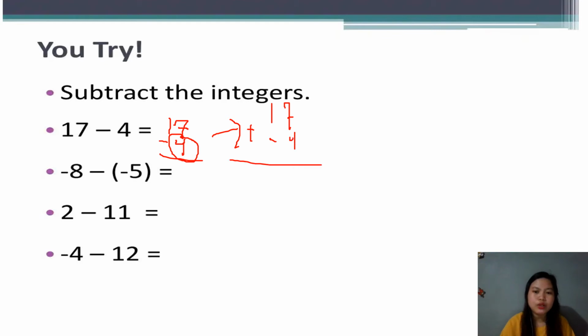We subtract, since they are unlike signs: positive 17 and negative 4. The answer is 13, and we copy the sign of the bigger number, which is 17, and its sign is positive, so the answer is 13.